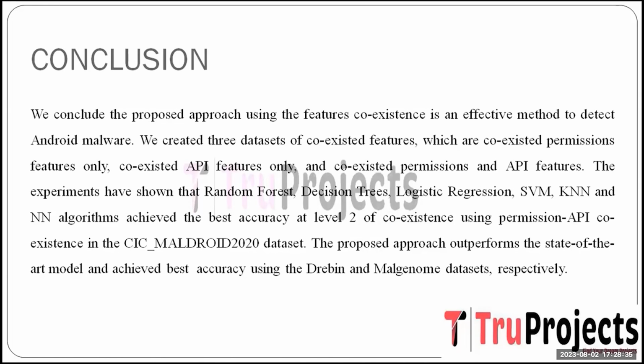The experiments have shown the random forest, decision tree, logistic regression, SVM, KNN, and NN algorithms achieved the best accuracy at level 2 of the coexistence using the permission API coexistence in the CIC Malware 2020 dataset. The proposed approach outperforms the state-of-the-art models and achieved the best accuracy using the Drebin and the Malgenome datasets respectively.